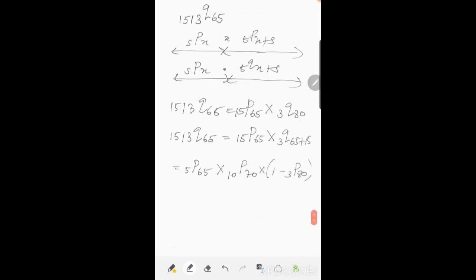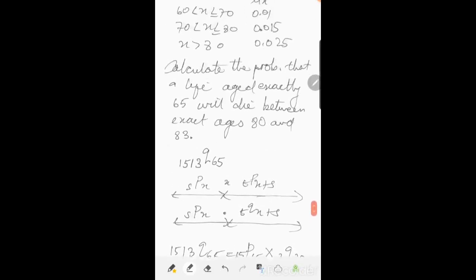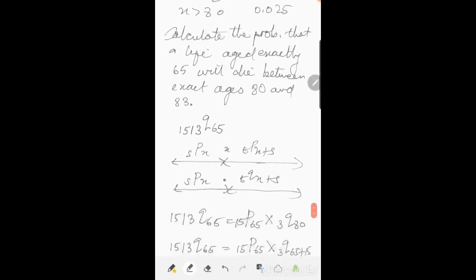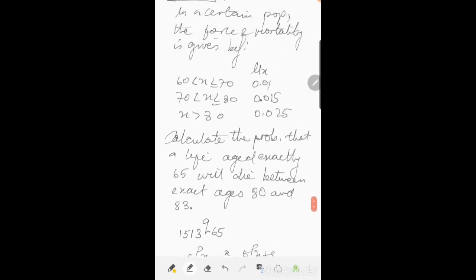So from this step, the first one, why are we getting 5p65? 65 is the starting age.